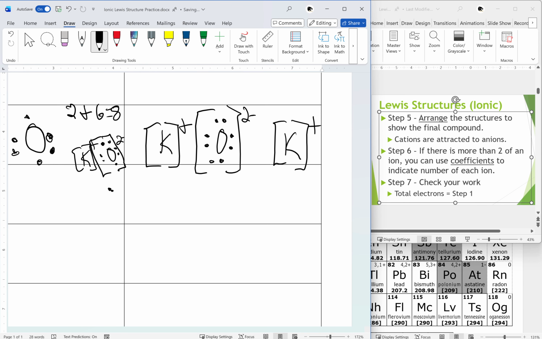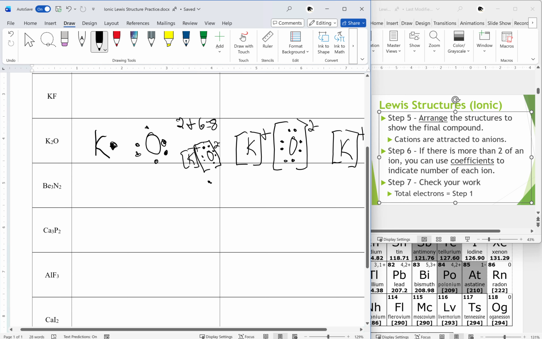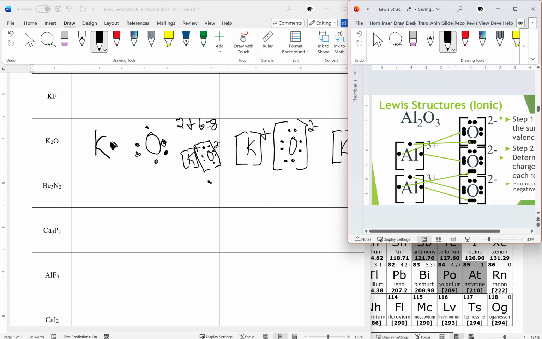You'll do this for each of them. Remember that it goes plus, then minus, then plus, then minus, depending on how many you have. If you have more than 2, that's step 6 over here. Step 6 says if there's more than 2, you can use coefficients. In our notes, when we did Al2O3, we had 2 aluminums and 3 oxygens.